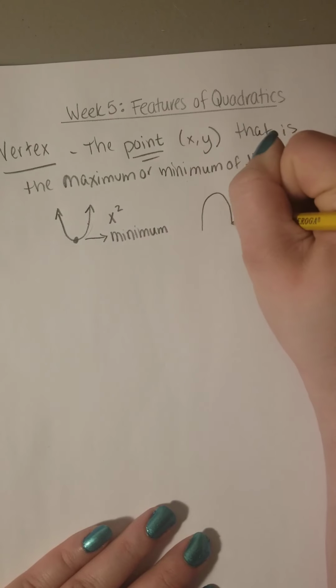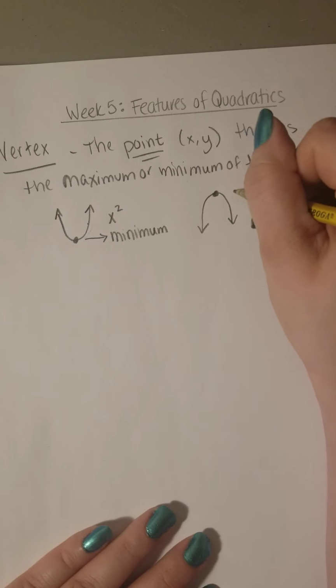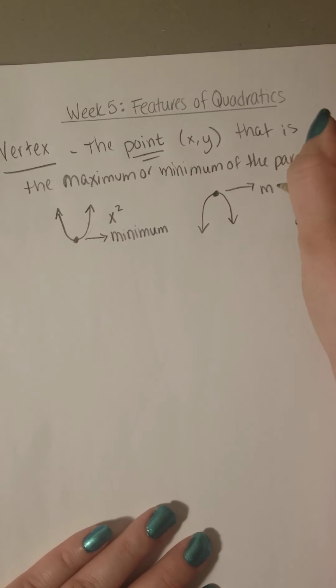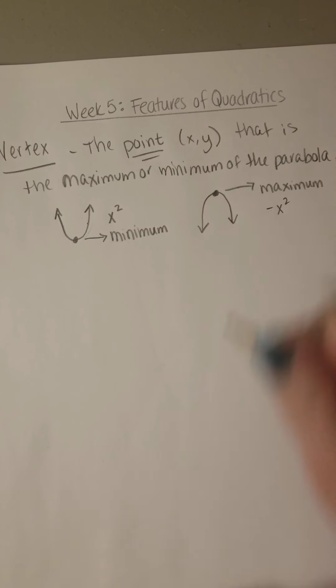Versus if I have a parabola that opens down, this point that's the vertex is going to be a maximum because it's the furthest point at the top, or the apex, of this parabola.